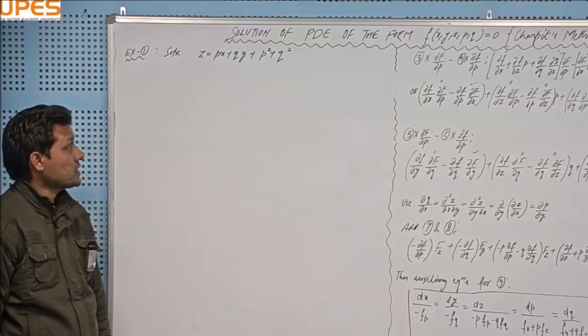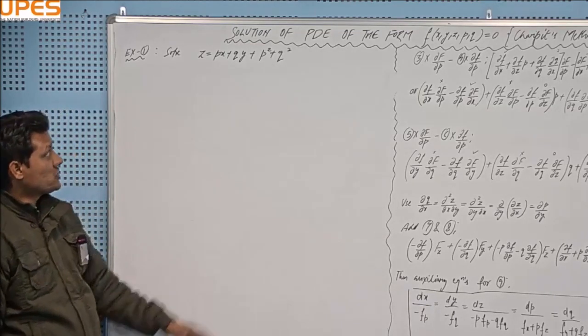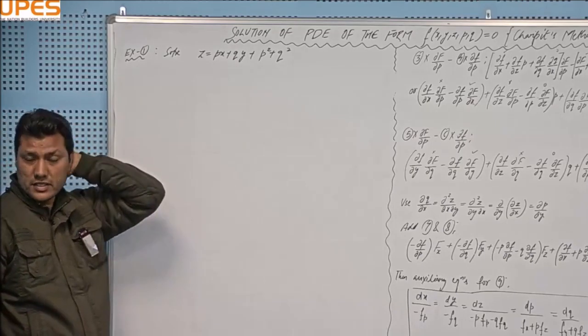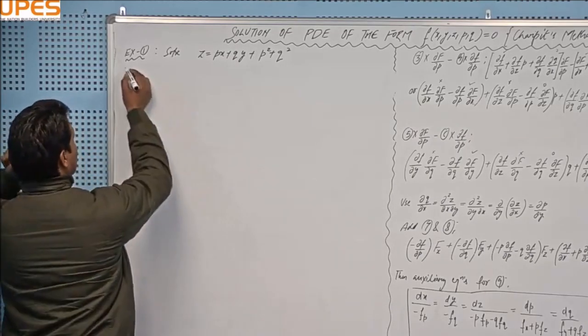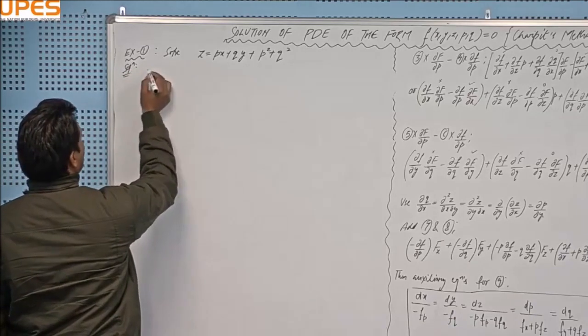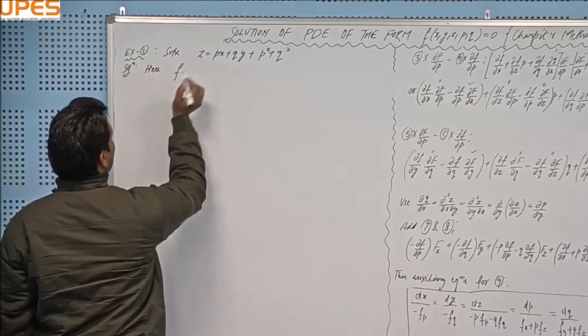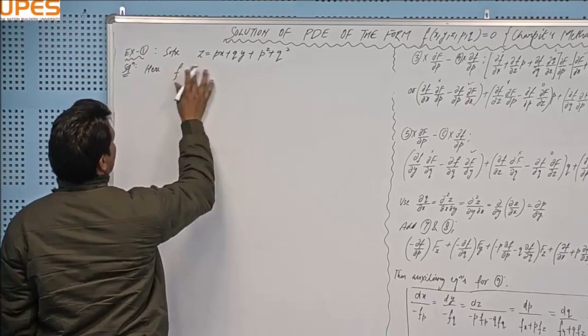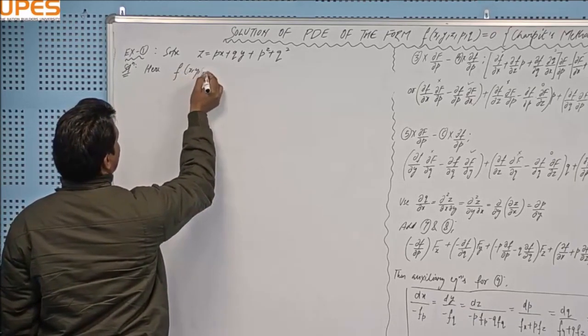Okay, so first try to write this in the form of small f, right? I have to write it as a function here, the small f. There is obviously a function of x, y, z, p, q.